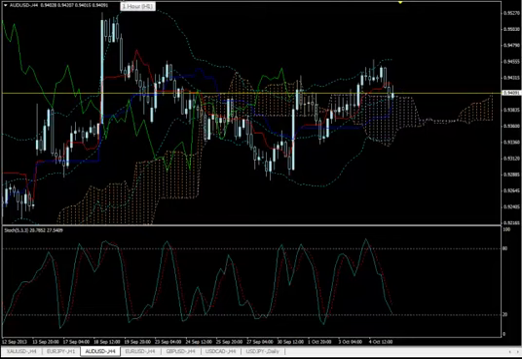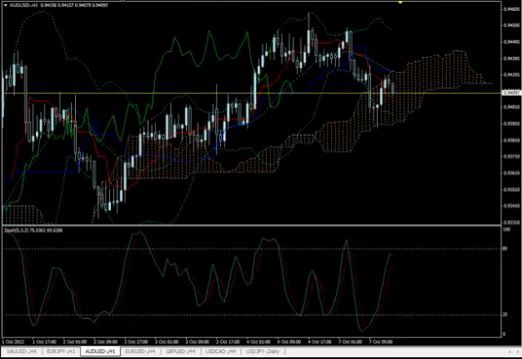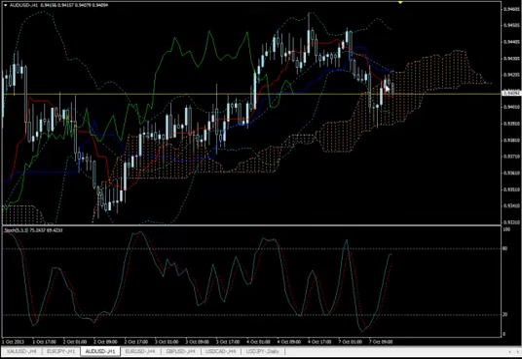So let's see how things look on the H1 time frame. On the H1 time frame, stochastics tell us that price goes straight up, and we expect it to jump above. It has already jumped above Tenkan-sen, and we expect it to jump above the median line and go to the upper Bollinger Band on the H1 time frame.